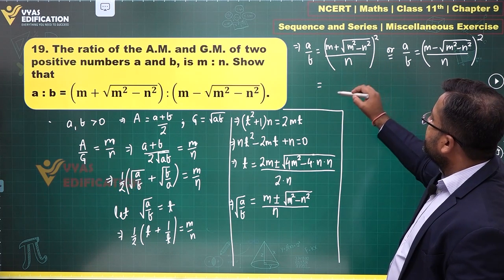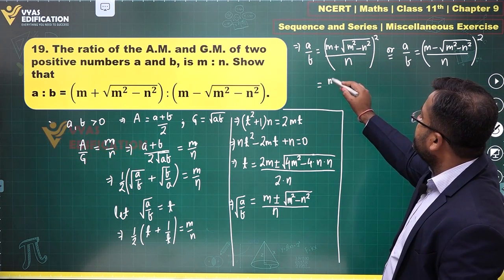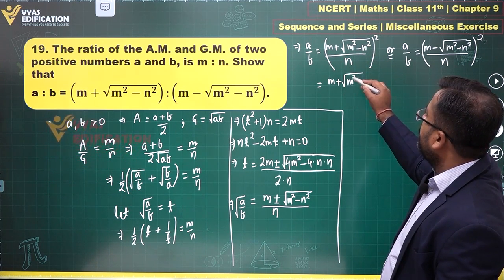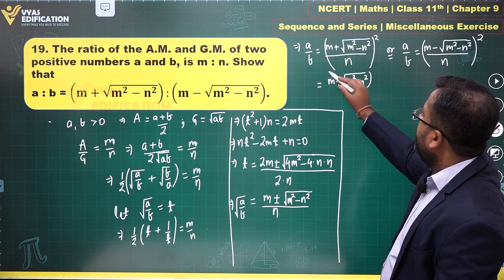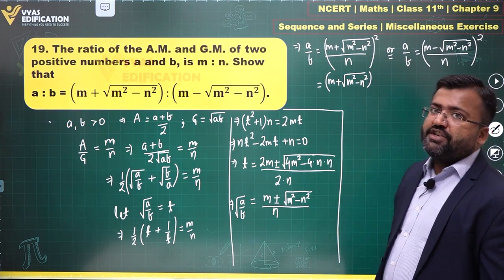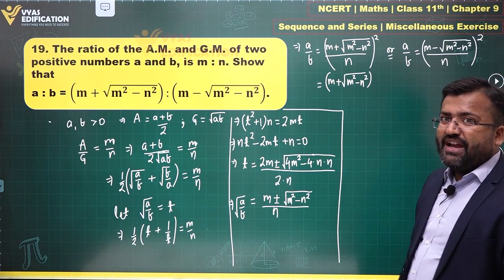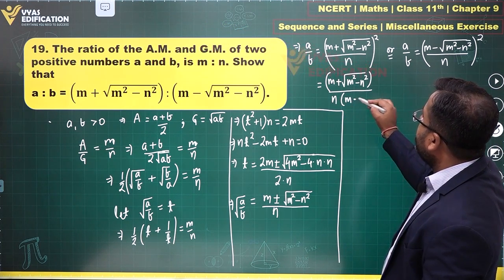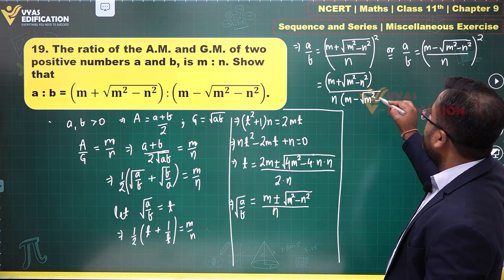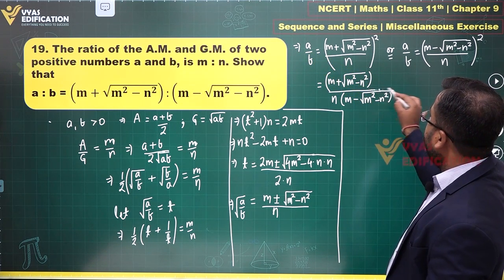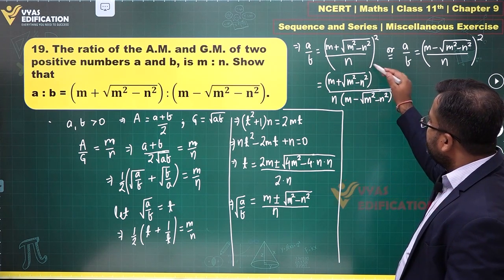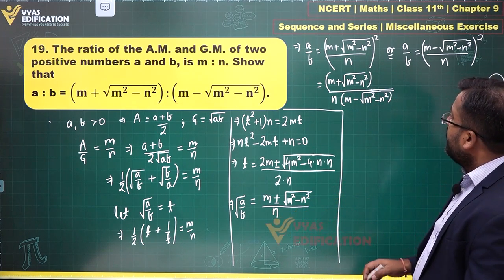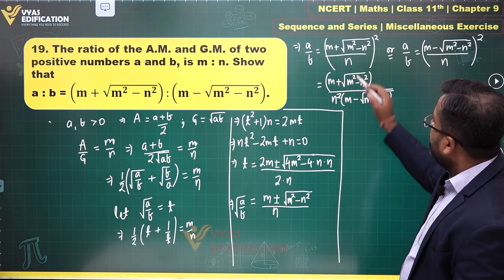So m plus this, what is that? Where does that take me? This is m plus square root of m square minus n square times this very expression, right? Okay, and I want to rationalize one of these, right? So I multiply and divide with, n is already there, m minus square root of m square minus n square. I divide with this and I multiply the other expression by this, since there is a square over there. Okay, this becomes n square over here.